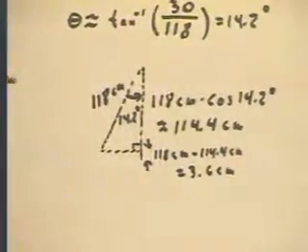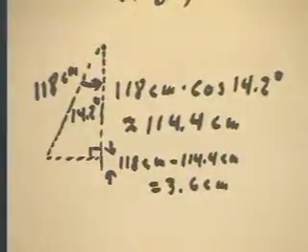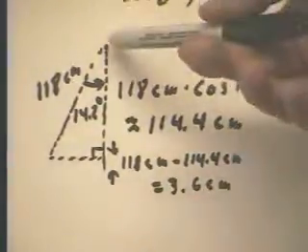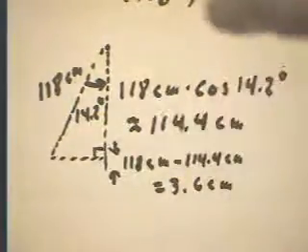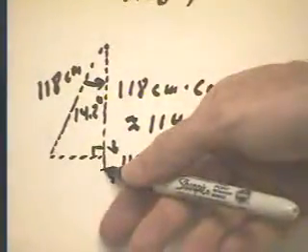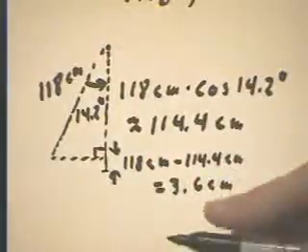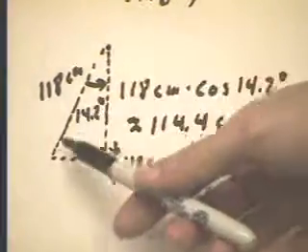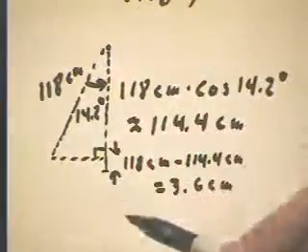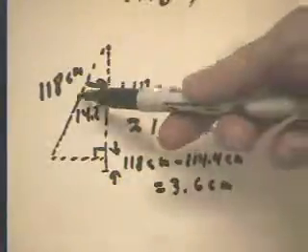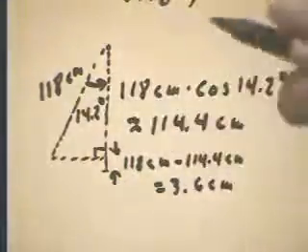We have the 118 centimeters that the pendulum hangs, and I haven't indicated that whole distance, but that's the distance down to here. We have the 118 centimeter hypotenuse of this triangle, and we have an angle of 14.2 degrees here.